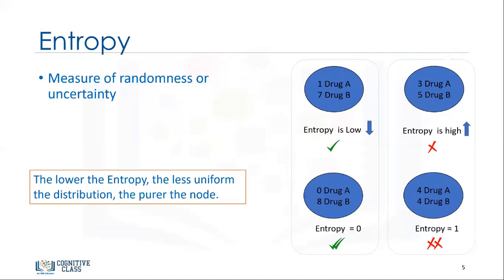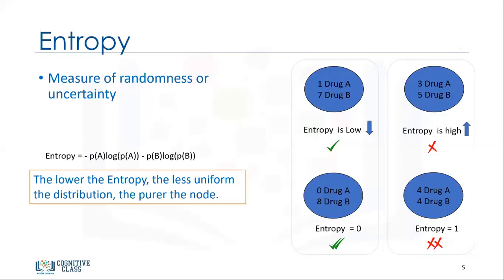If all the data in a node are either drug A or drug B, then the entropy is 0. But if half of the data are drug A and the other half are B, then the entropy is 1.